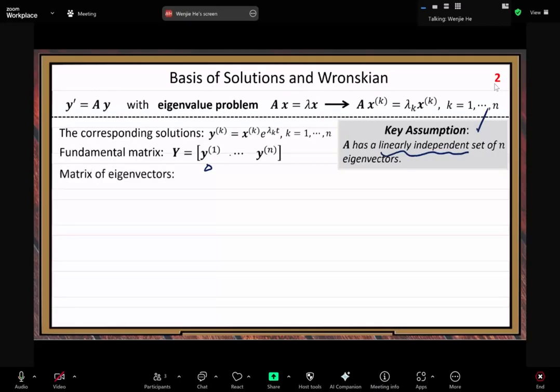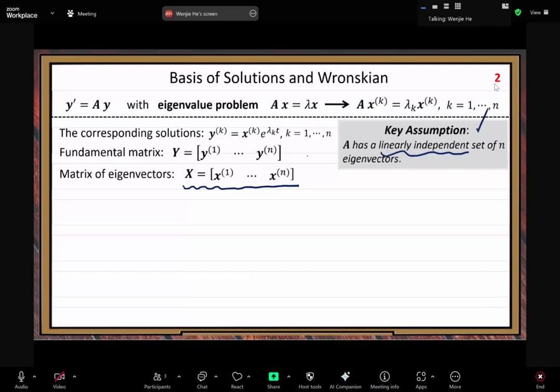Now, the matrix of eigenvectors. Sometimes we like to put all the n eigenvectors together. We also get an n by n matrix. We use capital boldface X to represent this special matrix.